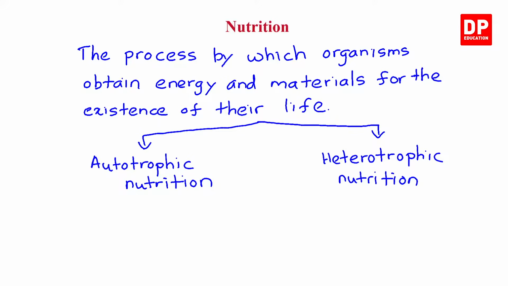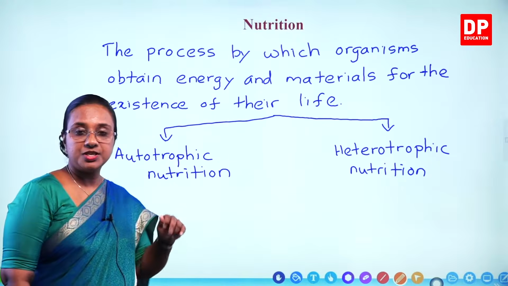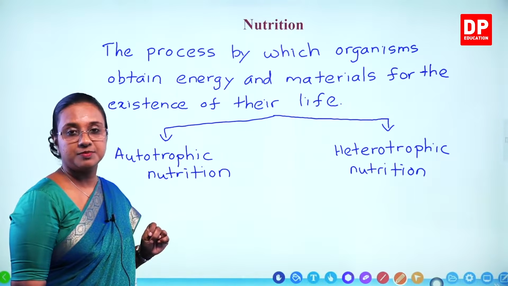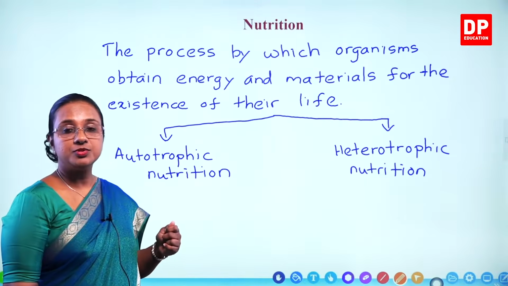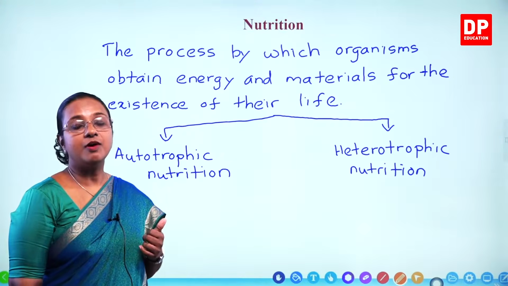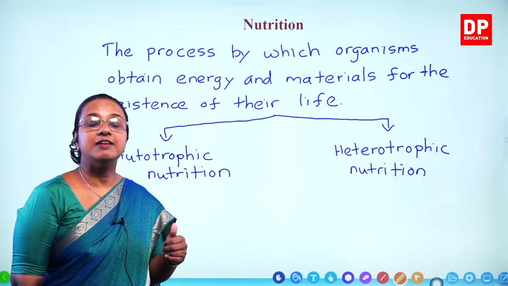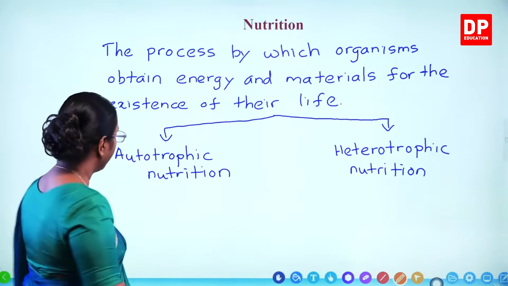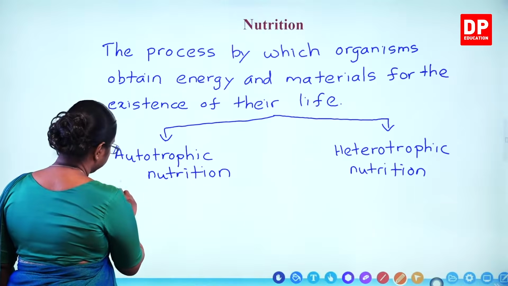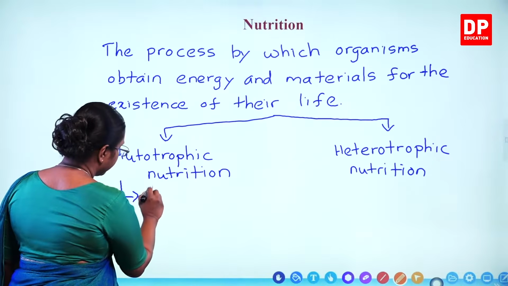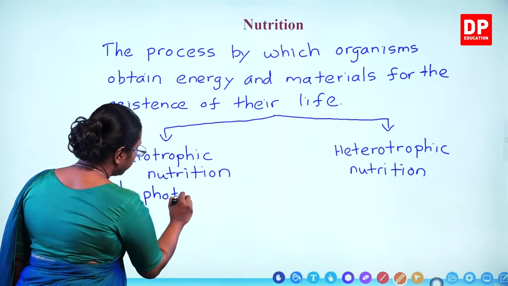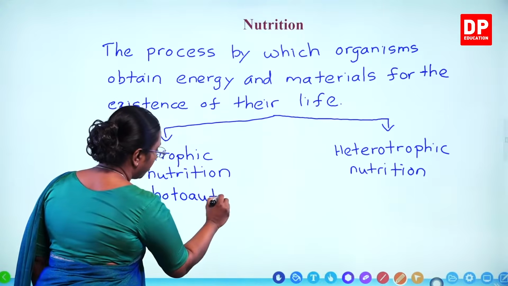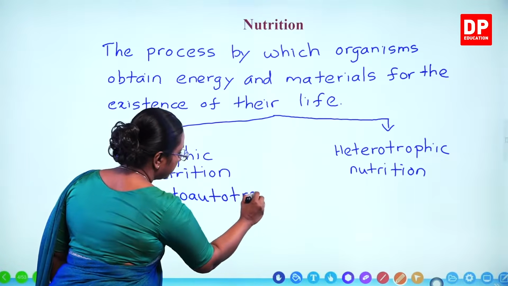So, as you know students, autotrophic nutrition is of two types. If the organism uses sunlight for production of food, then we call it photoautotrophic organism or photoautotrophism.